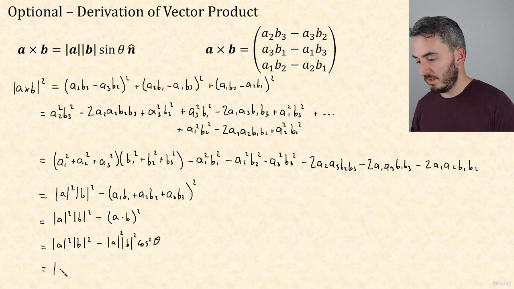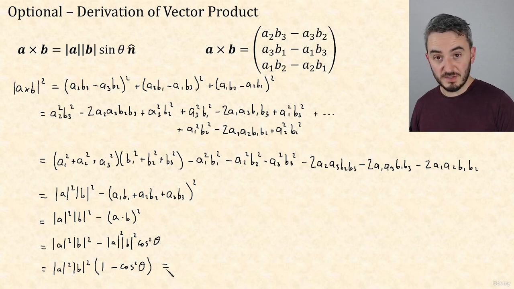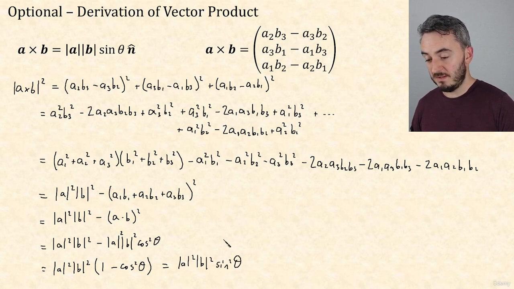Factorize out mod a squared mod b squared, and what I'm left with is 1 minus cos squared theta, which is sine squared theta, and there is our mod a squared mod b squared sine squared theta.